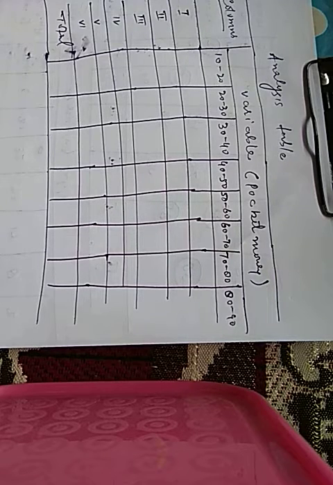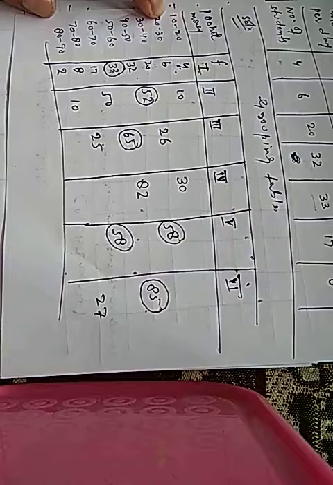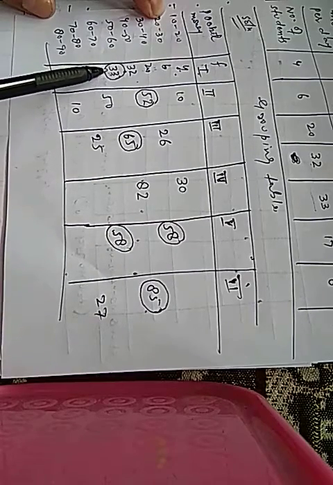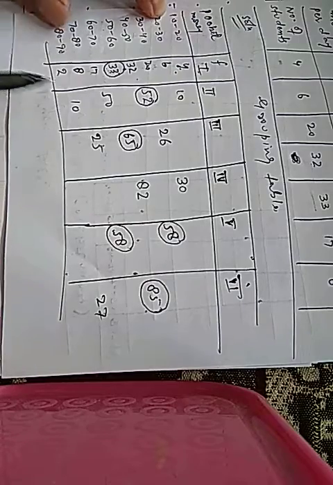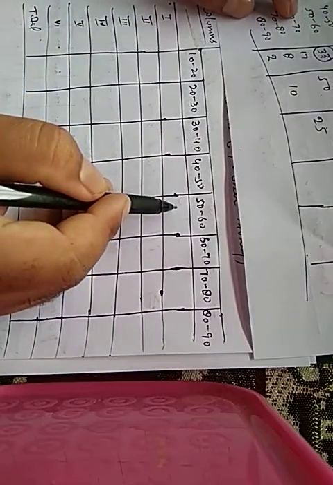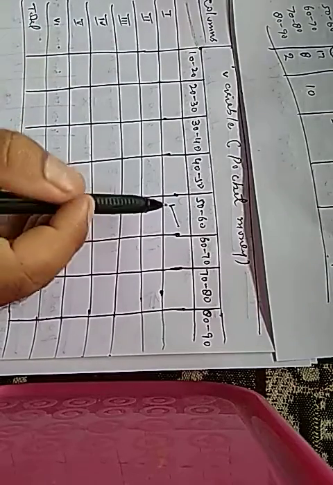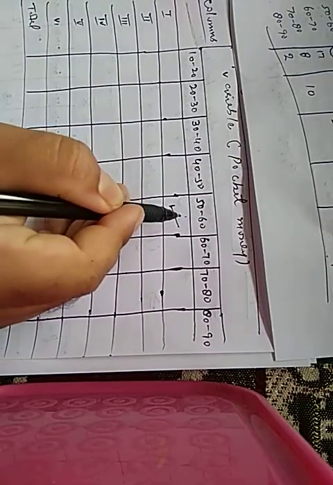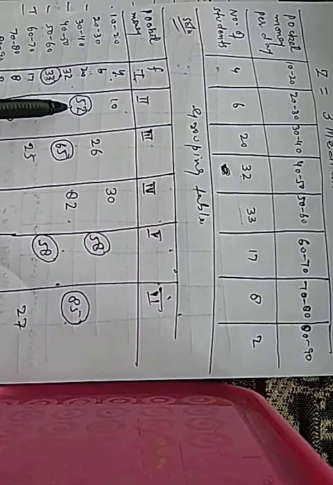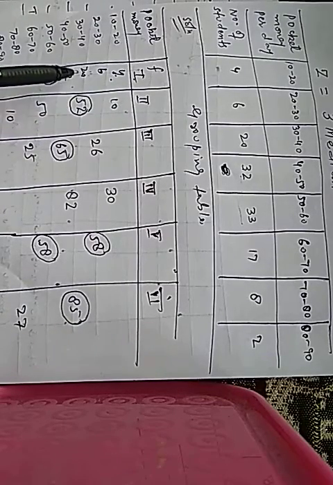Now फर्स्ट कॉलम में जो हाईएस्ट फ्रीक्वेंसी है वो है 33 और इसका जो क्लास इंटरवल है वो है 50 to 60. 50 to 60 we will tick mark. This is the first column. Or we can also make use of vertical bar. And in the second column, the highest frequency is 52, which is the addition of 20 and 32.